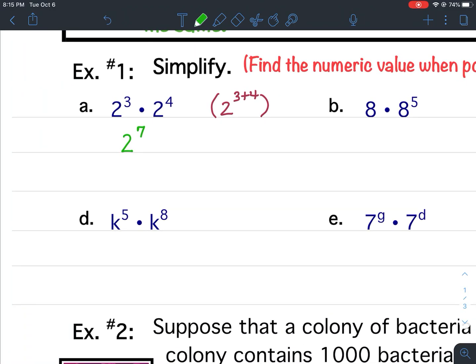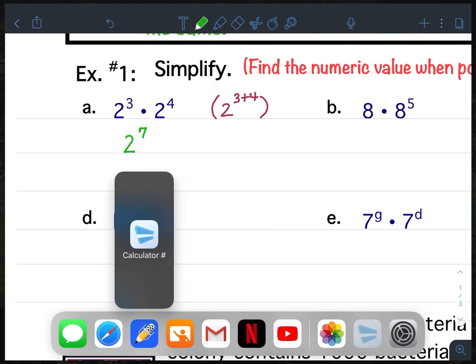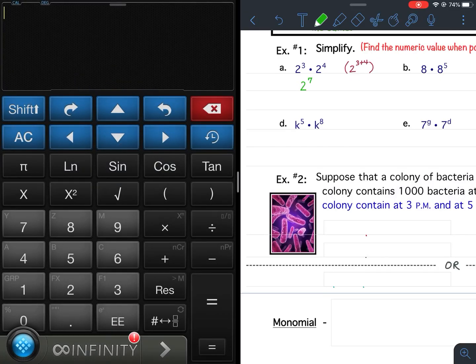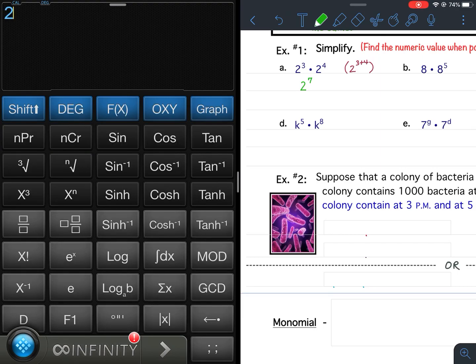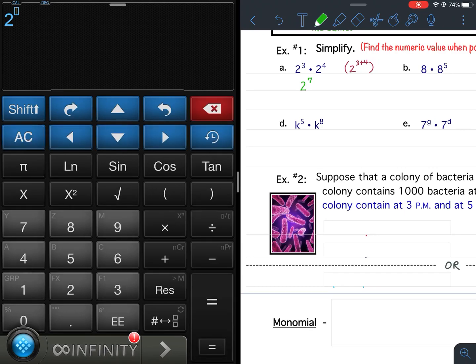If you are using the calculator on the iPad, first of all, you would put in your 2, and then you want to find what has x to the nth power. X to the nth power, press that, and notice it gives you a box that you can put any exponent in. So in this case, I'm going to put in 7th.